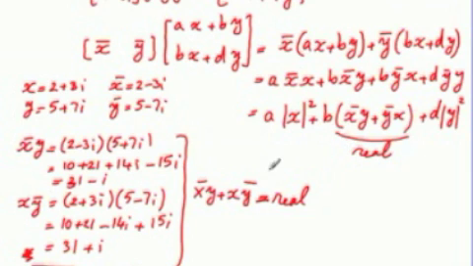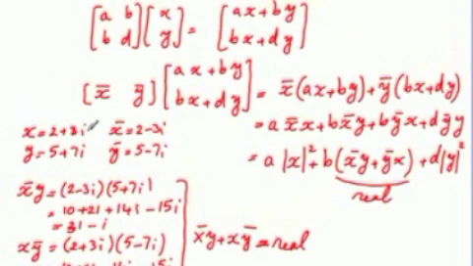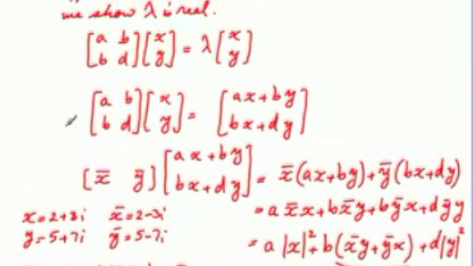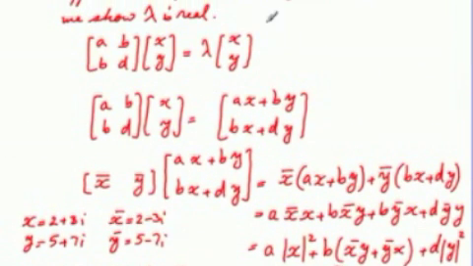So what I have is that if I take the conjugate of my eigenvector and multiply with the result of this multiplication, all I get is something real. Now let's go back here. So let's do it also to this one.